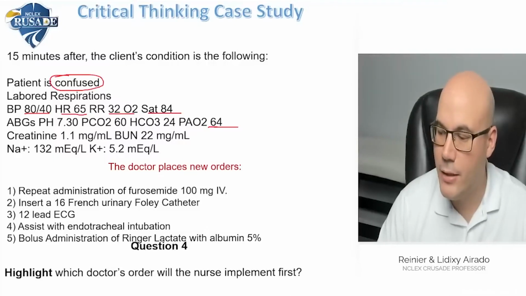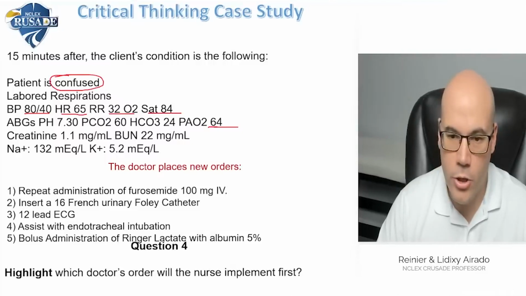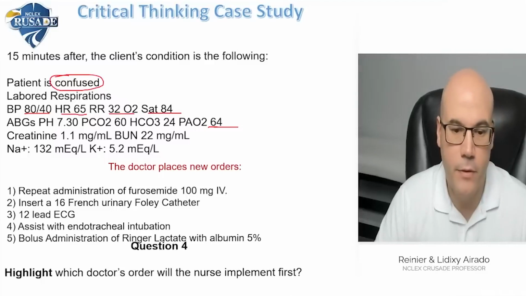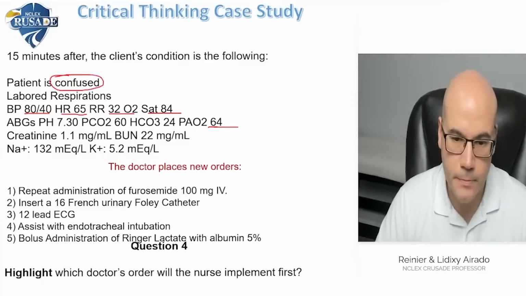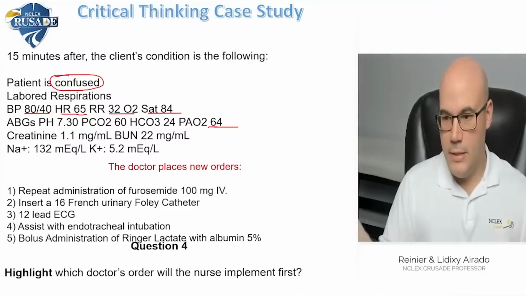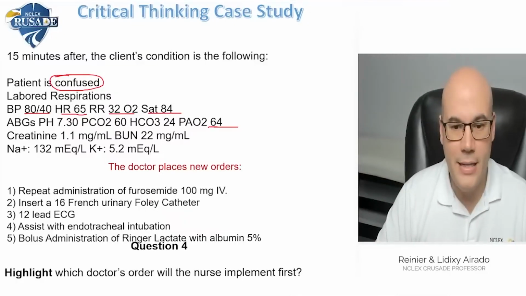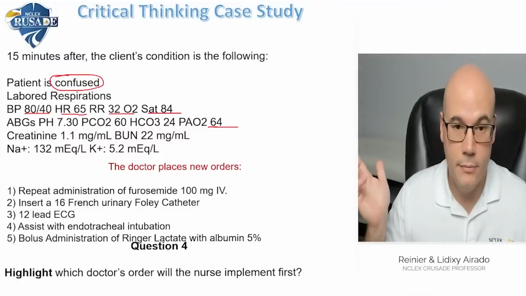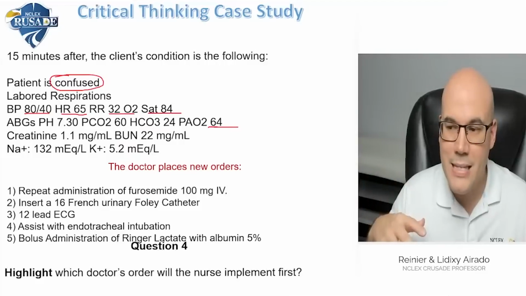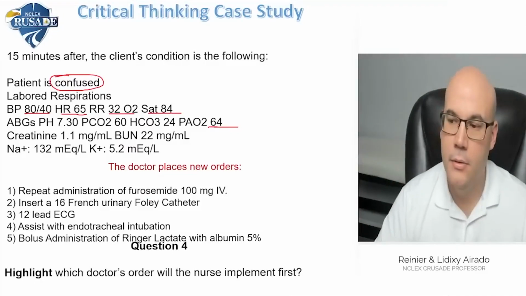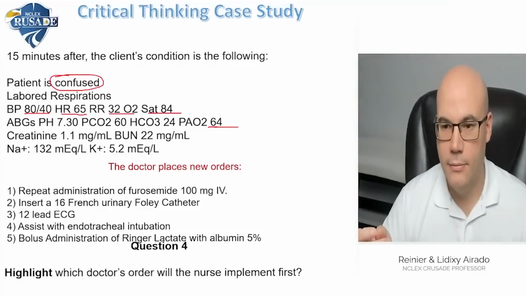Highlight which doctor's order will the nurse implement. So this is a highlight type of question. So let's think of prioritization. What is the priority? What has been the core main problem now that the patient had?